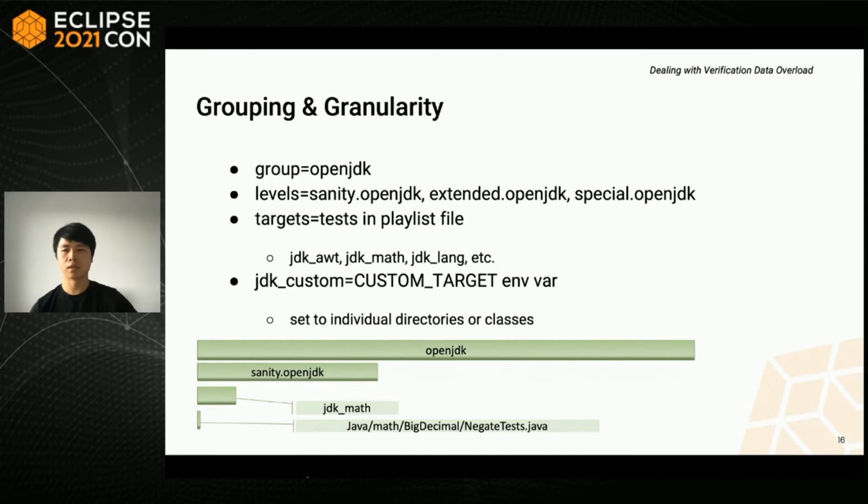It captures all test metadata such as test name, group, level, JDK implementations, versions, and so on. By using these test metadata, we are able to exclude and execute tests in different granularity. For example, to run a group of tests in OpenJDK, or we can split the OpenJDK group even further to different levels, such as sanity.openjdk, or we can run a specific test target. Or even further, we can define a custom target environment variable and run a specific test case.